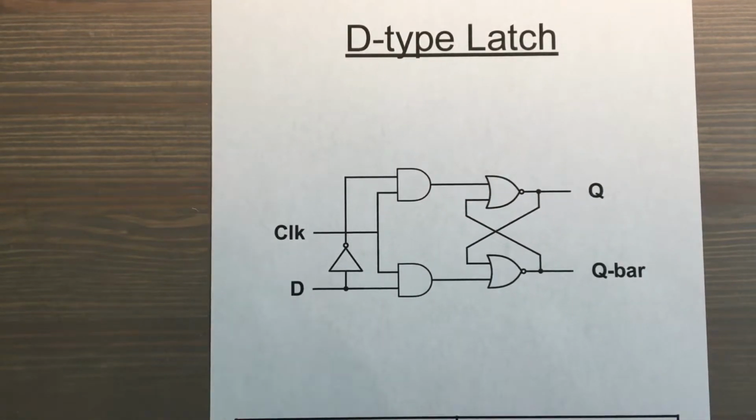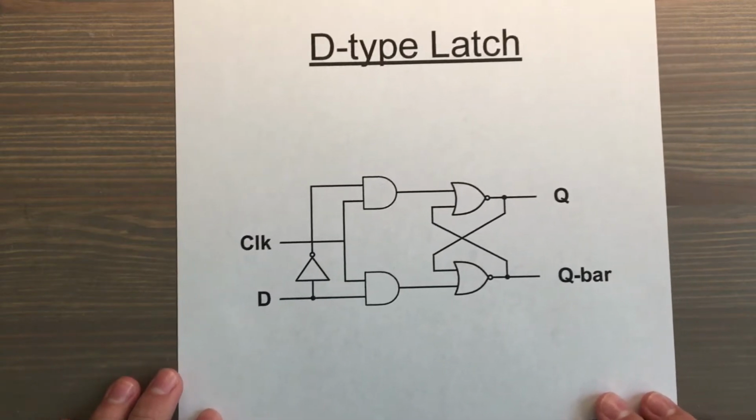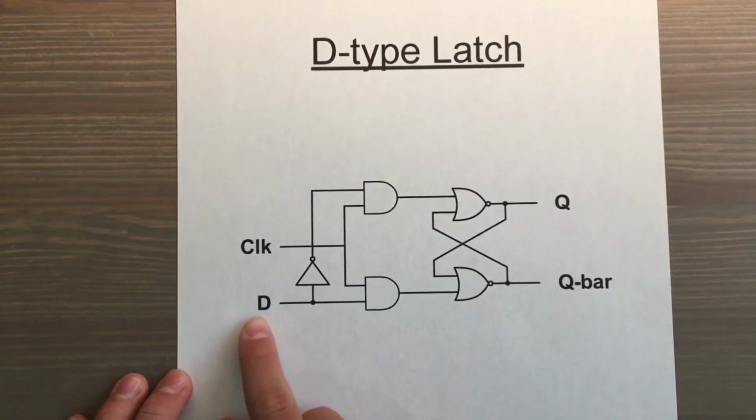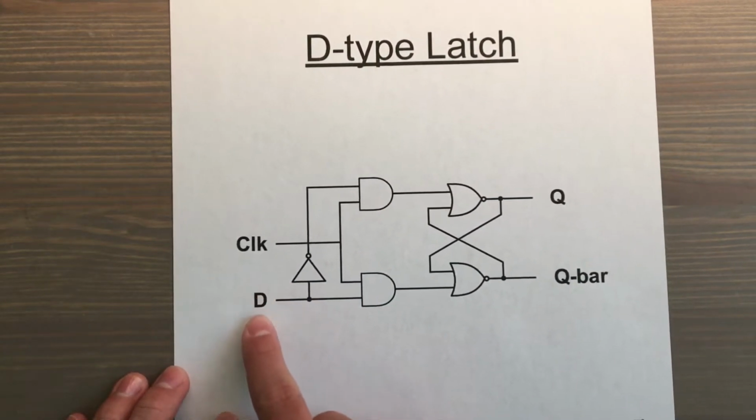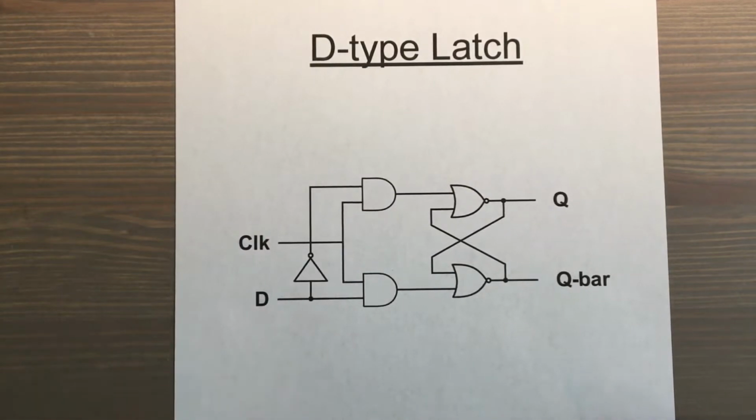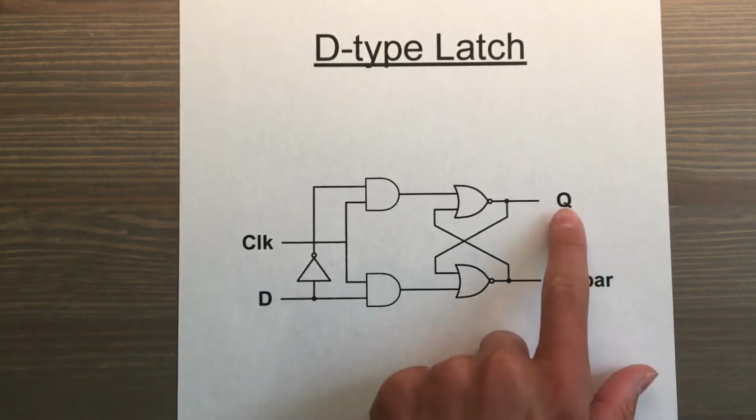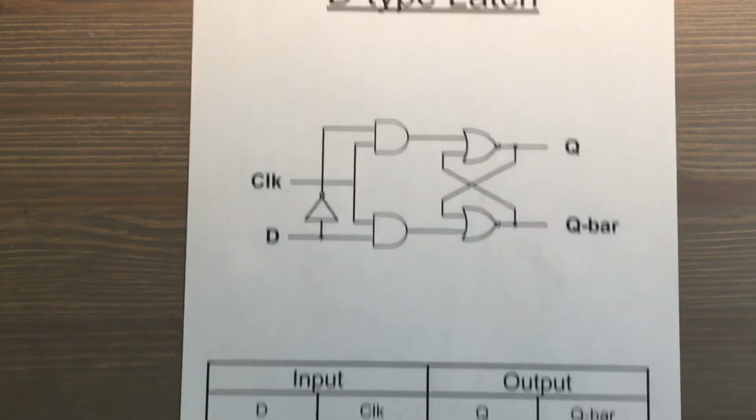So this is called a D-type latch. The reason this is called a latch is because it essentially just saves one bit of information. So we put either a 1 or 0 into the D input there, and when we set the clock to 1, that information is saved into the Q output.